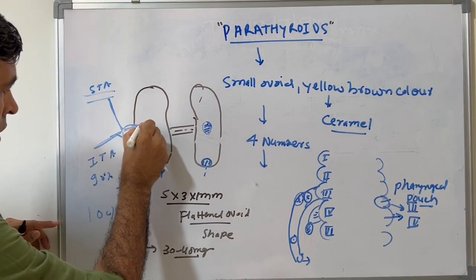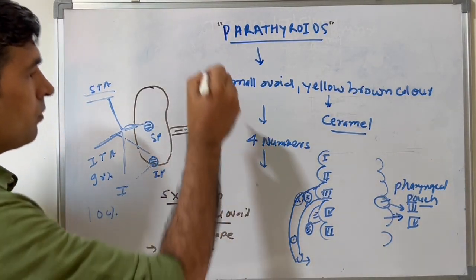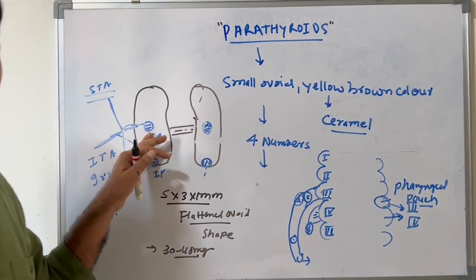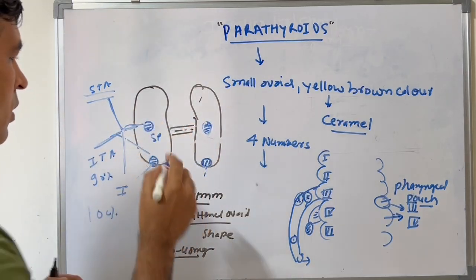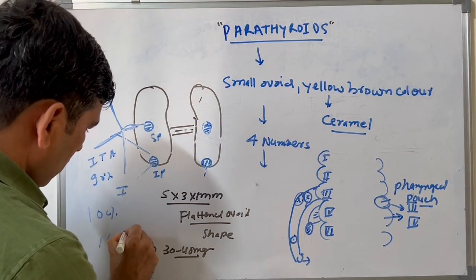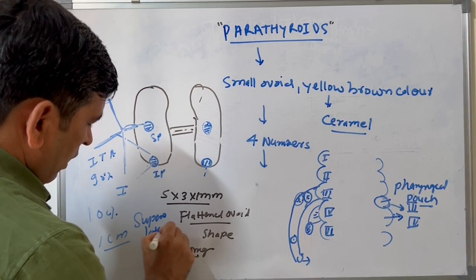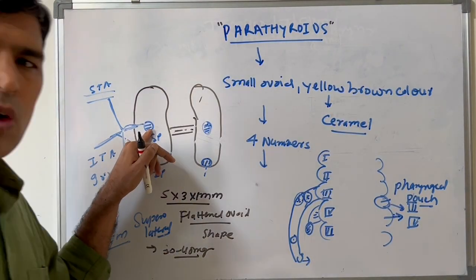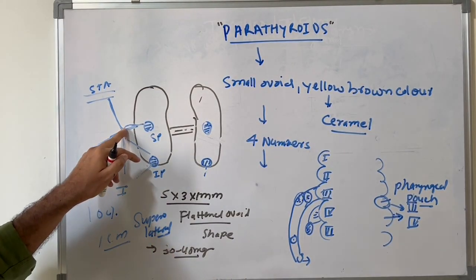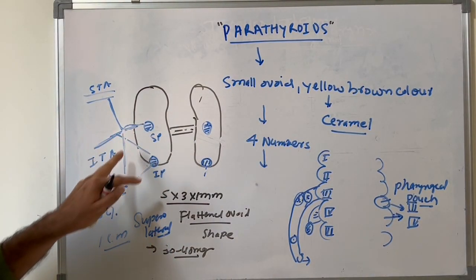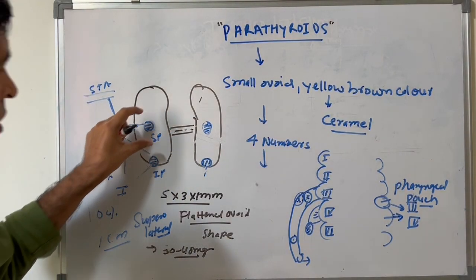During surgery, in this back picture, if you see the 3D dimension, the superior parathyroid is almost 1 centimeter supralateral to the crossing of the inferior thyroid artery and the recurrent laryngeal nerve, behind the posterior thyroid lobe.